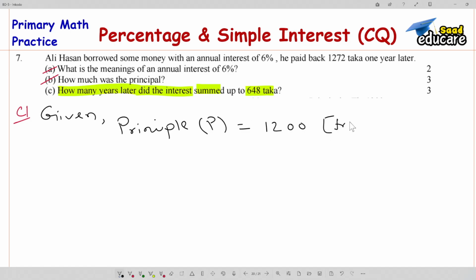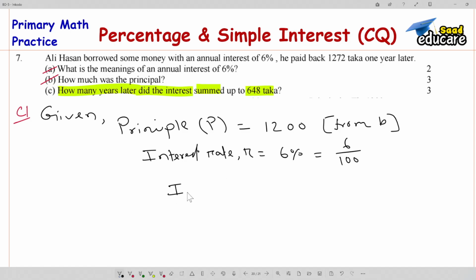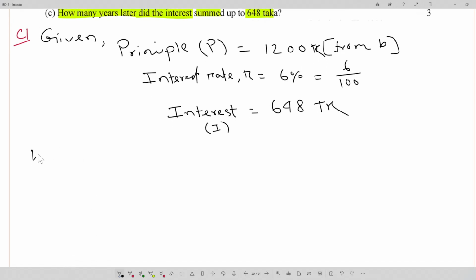Then the interest rate R equals 6%, or we can say 6 by 100, and the years we don't know, and the interest equals 648 taka.